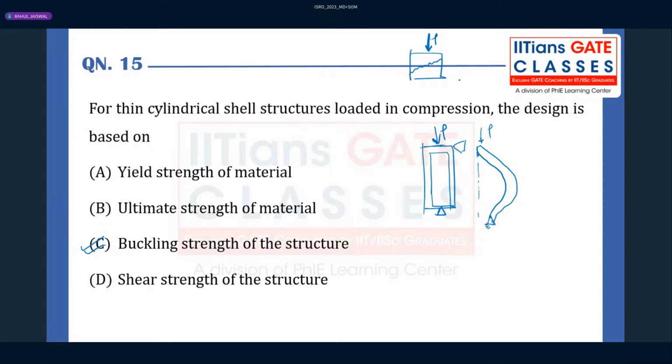Usually crushing happens in short members, but whenever the lengths are higher, that will be decided by the slenderness ratio. Whenever the slenderness ratio is more than 80 or 100, we say it's a long column. Long columns are very prone to buckling failure rather than crushing failure.